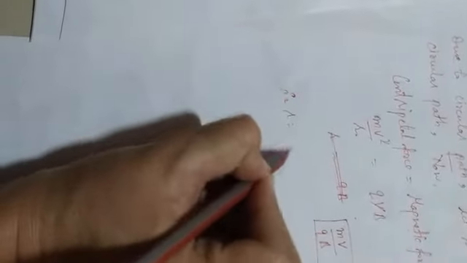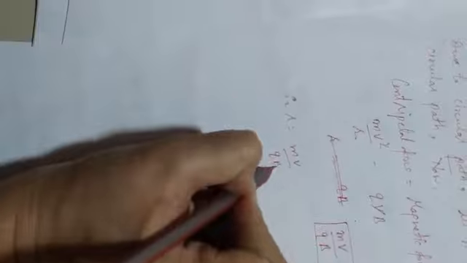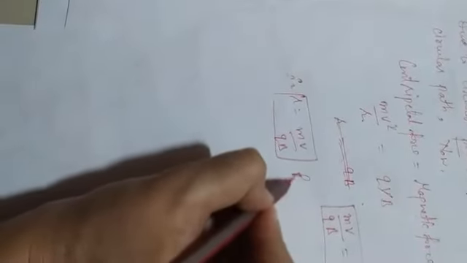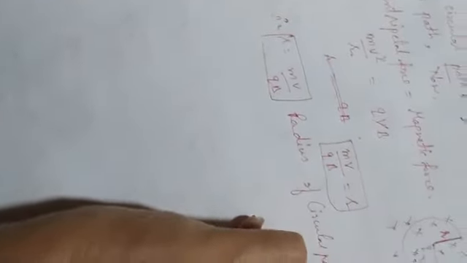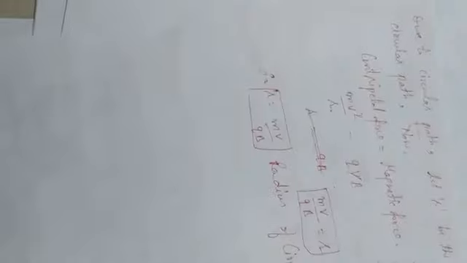So r we can write as mv by qb, it is the radius of the circular path.